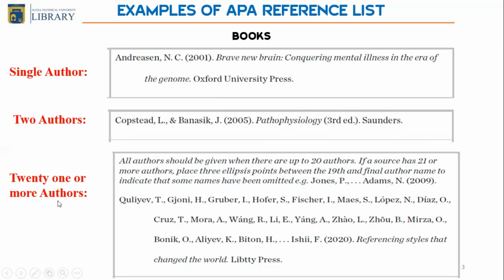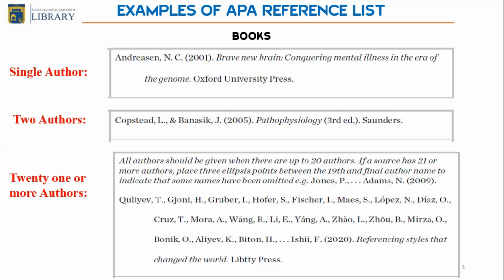Now, 21 or more authors, that is how it is being presented. But take note of this. Now, when we have authors less than 20, all the names do appear. However, if a source has 21 or more authors, we place 3 ellipsis points between the 19th and the final author name to indicate that some names have been omitted.